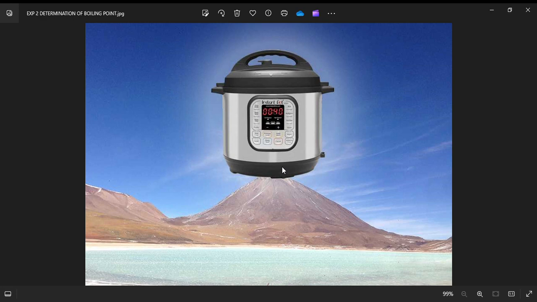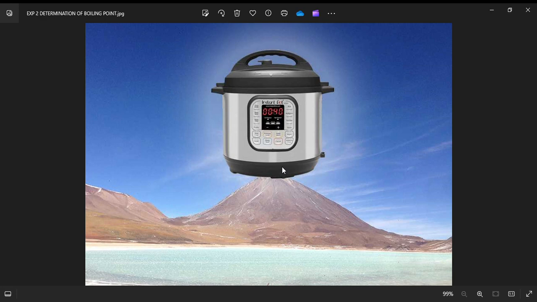or let me put it this way, you should know that a liquid will start to boil when its vapor pressure is equal to the prevailing atmospheric pressure. Now, the temperature at which a liquid is at equilibrium with its vapor pressure is called the boiling point.